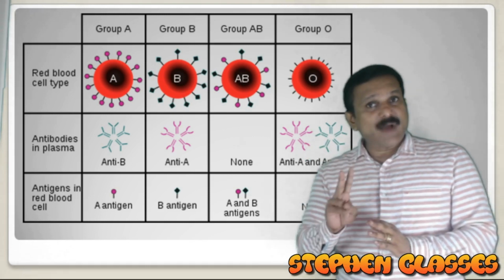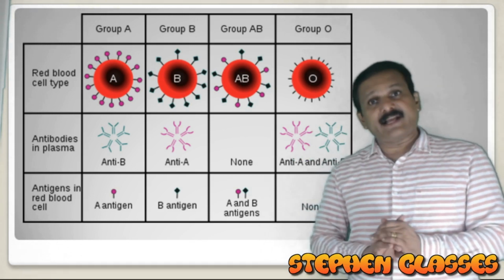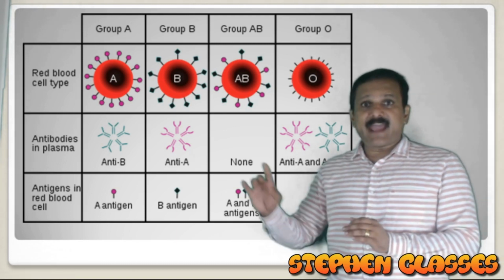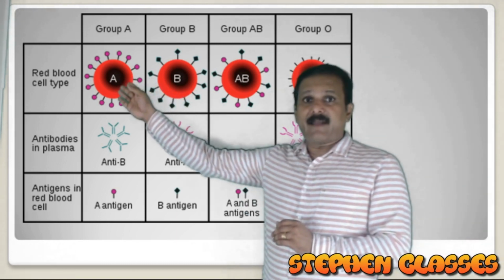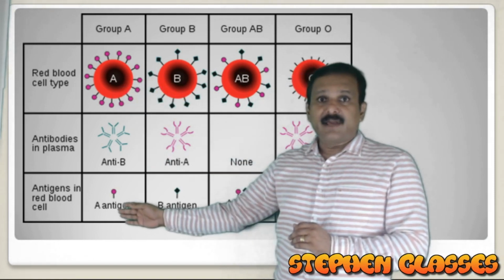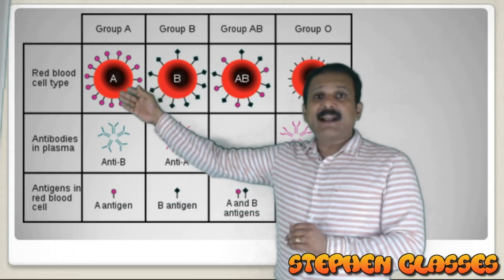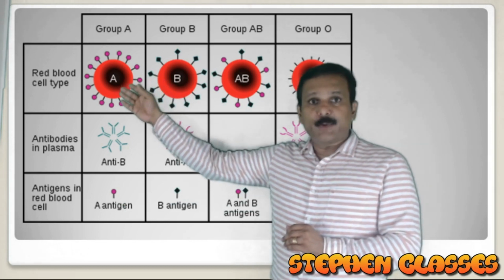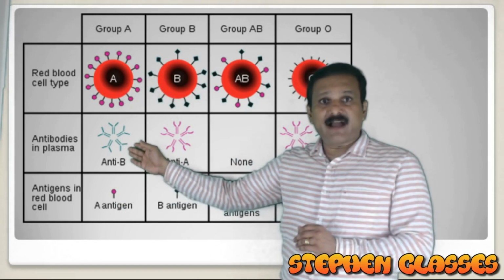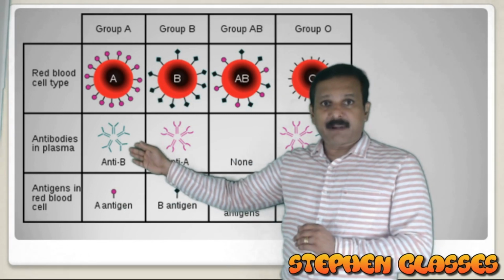There will be two antigens considered here, antigen A and antigen B. In the case of blood group A, the surface antigen will be A antigen. When A antigen is present on the surface of the RBC, that blood group is called the A blood group. And in their plasma, you can find antibody B. So anti-B is present in plasma.